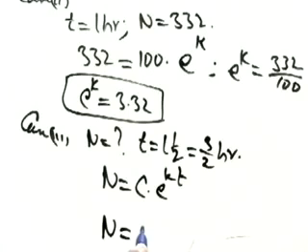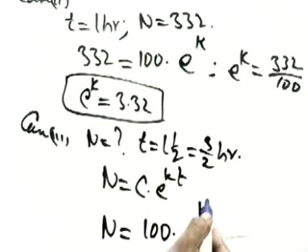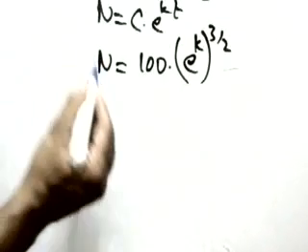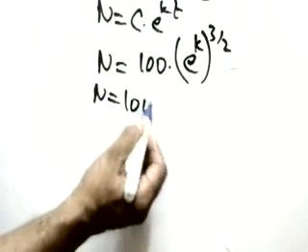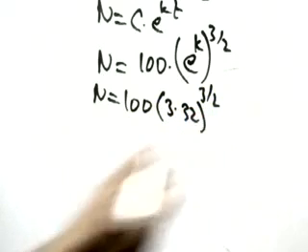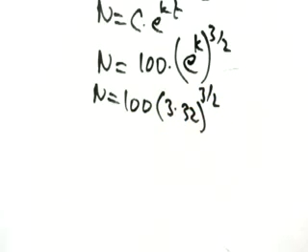We have C as 100, into e power k into t, where t is 3 by 2. We already got the value of e power k as 3.32, so let me substitute that. N equals 100 into 3.32 to the power of 3 by 2.